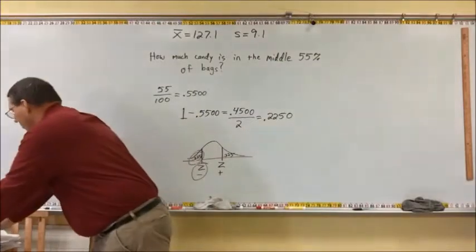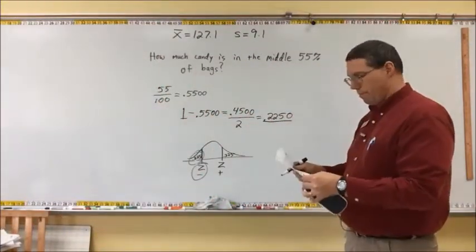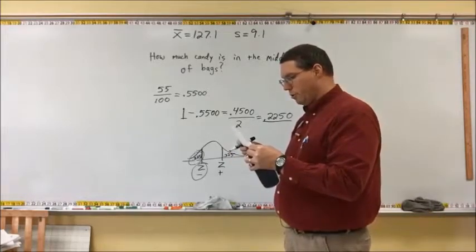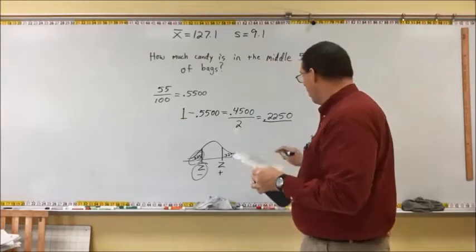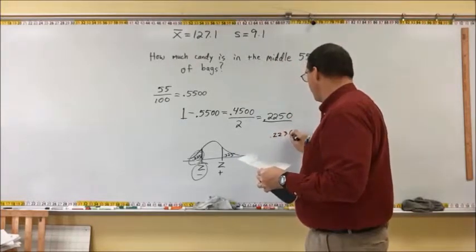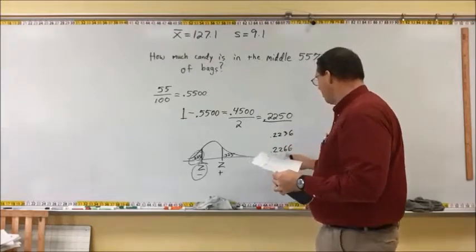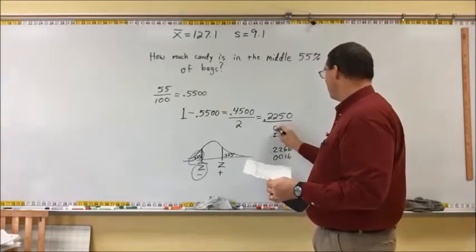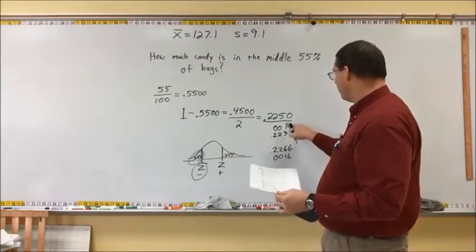So get my table here, and I'm looking up 0.2250, and I find 0.2206, 0.2236, 0.2266. All right, I got 0.2236, and I have 0.2266. So this one is 0.0016 away, and this one is 0.0014 away, because 36 plus 14 is 50.